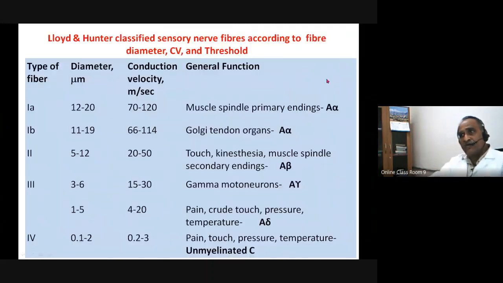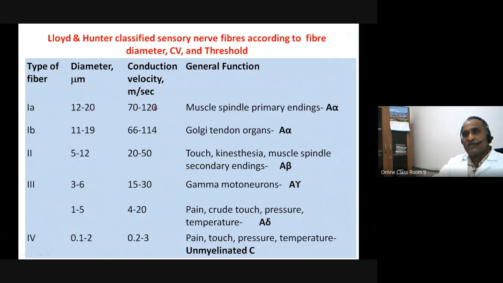And if we are looking at the Lloyd and Hunter classification and try to see group 1A fibers and group 1B fibers, they have almost a similar diameter. The only thing is their thresholds: 1A are easily excitable, while 1B require higher strength of stimulation. Group 1A fibers have a 12 to 20 fiber diameter.